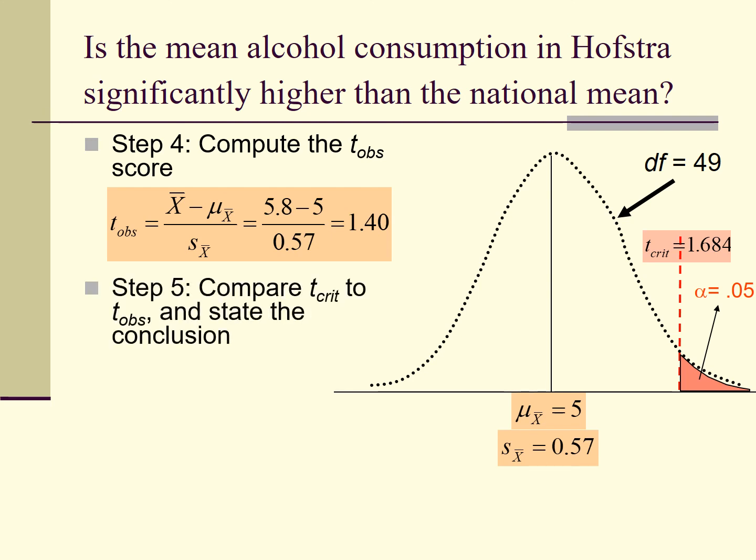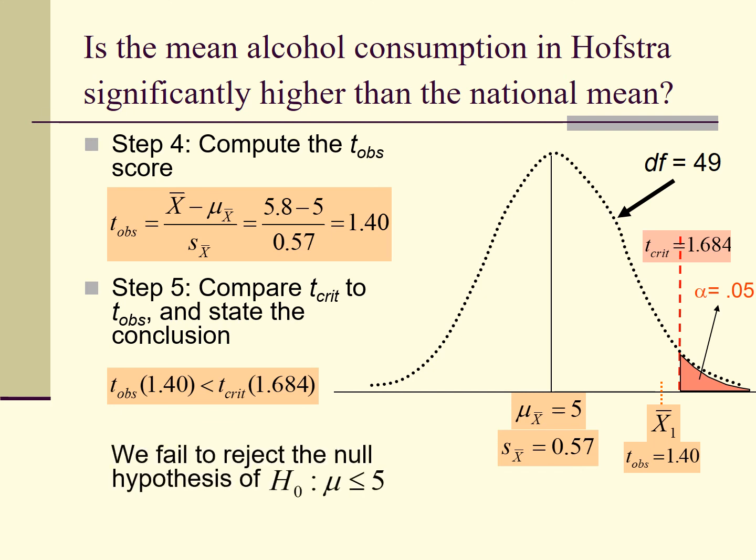The last step, you compare the t-critical score to the t-observed score. Because the t-observed score is less than the t-critical score, your sample does not fall in the critical region. Therefore, we fail to reject the null hypothesis that mu is less than or equal to 5.